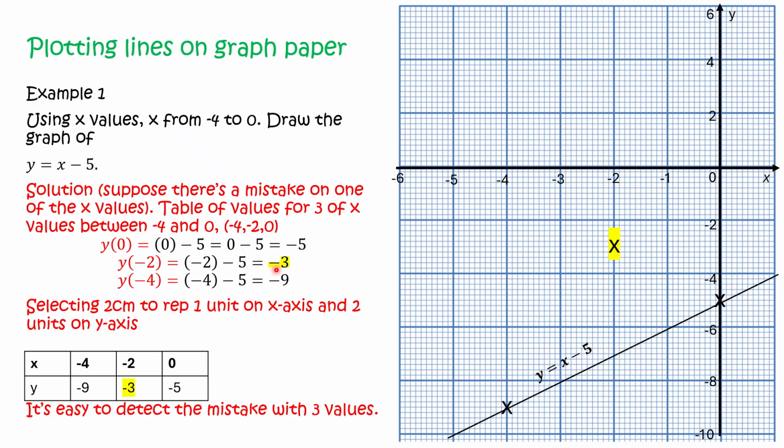Let's take a look at this scenario. We have one of the points being wrong. In this case, we know which point is wrong, and I've highlighted it with yellow. So when you now come to plot your line using your ruler, you would see that you've got 3 points, but the 3 points are not connecting to a straight line.